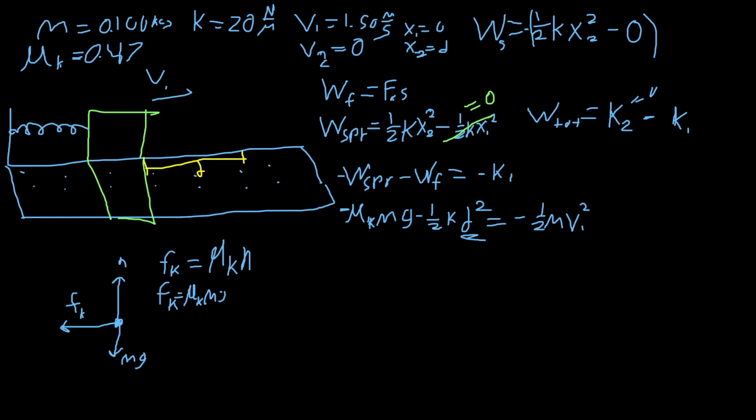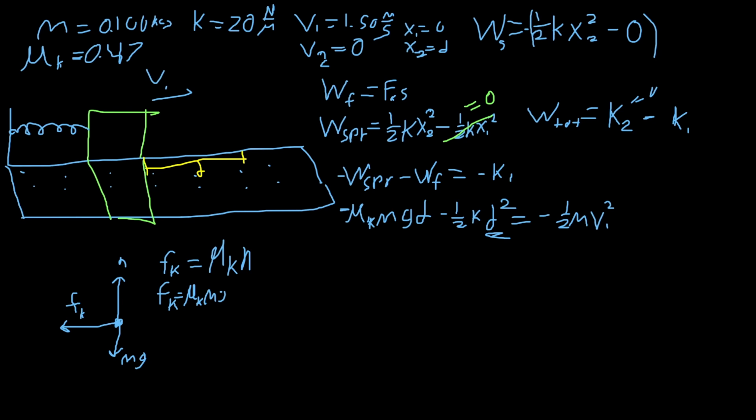That means there must be a d value associated with this. So let's move this over to the left. We're going to have a d value right here, which is the displacement from the work of the friction.